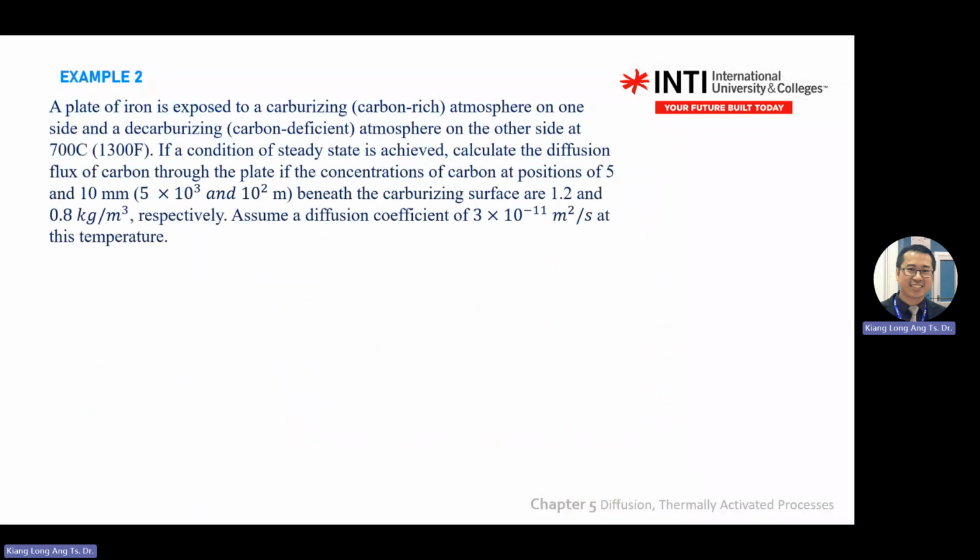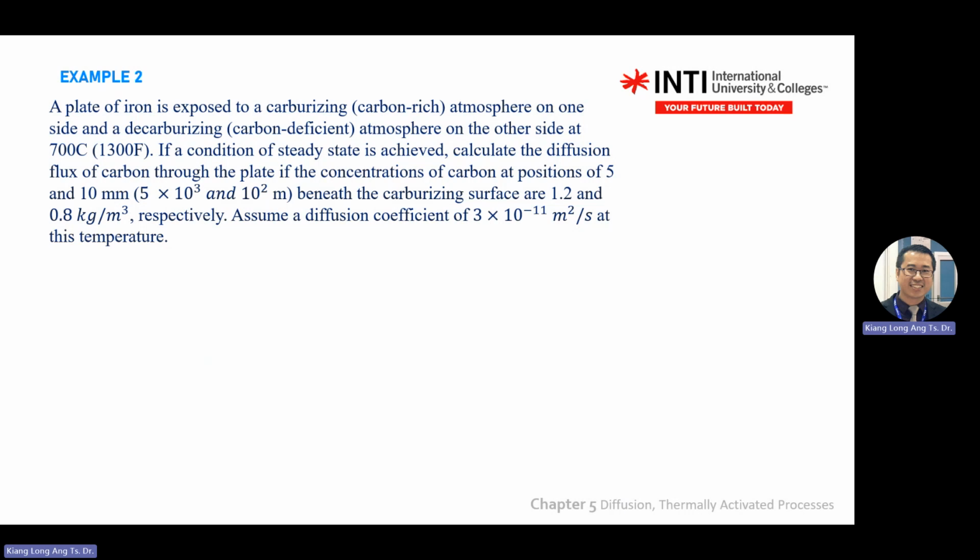So here, iron exposed to carburization. Carburize means you expose to carbon, C, environment. Carbon rich, it gives you a carbon rich atmosphere. So here you already know which one is solvent, which one is solute.